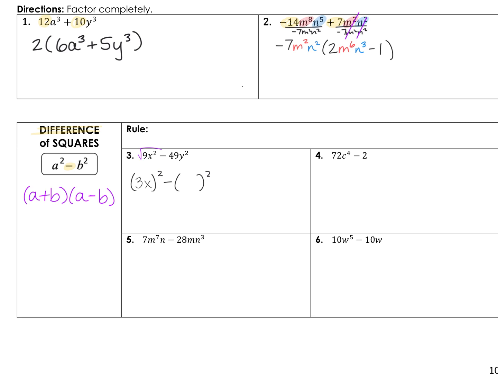On your next term, you imagine taking the square root of 49, which is 7, and then you have y squared, so it's 7y squared. This is your a, this is your b. So when I go to factor it, it's really easy now. I just do (3x plus 7y)(3x minus 7y). Ta-da!